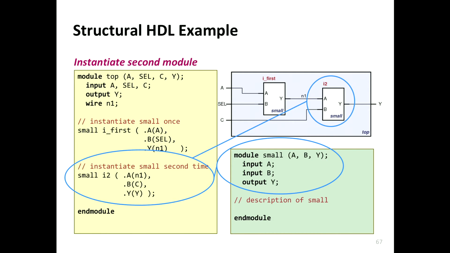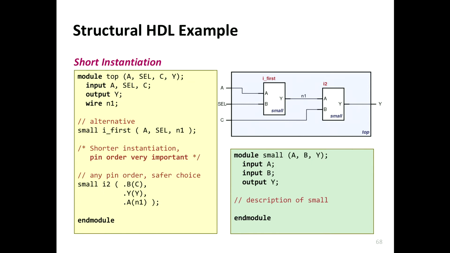Then we instantiate the second small module, and you give the name I2, small I2. For this, A is going to be connected with the wire N1. B is going to be connected with the C input. And the Y output is going to be connected with the Y output of the top module. Extremely simple. That's about it.